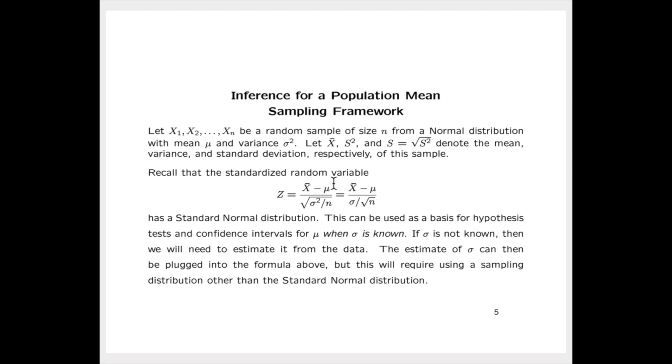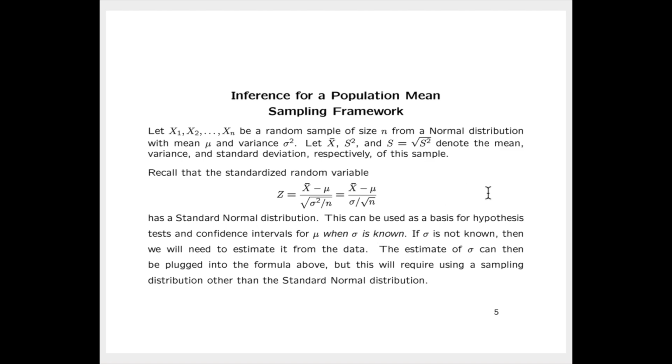So in this expression here, we are subtracting from x bar the mean of its sampling distribution, which is mu, and we're dividing that difference by its standard error, which is sigma over the square root of the sample size. And so when we standardize x bar in this way, again, the standardized version of x bar, which we'll denote by z, has a standard normal distribution.